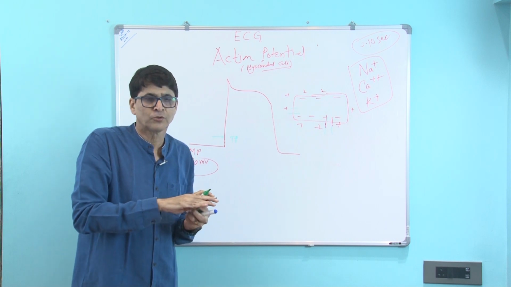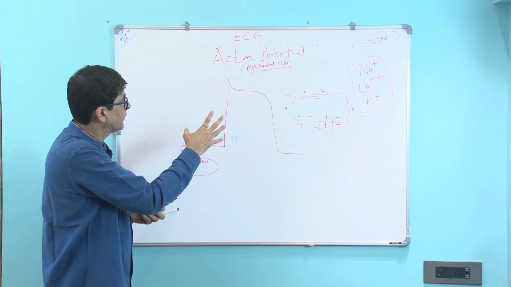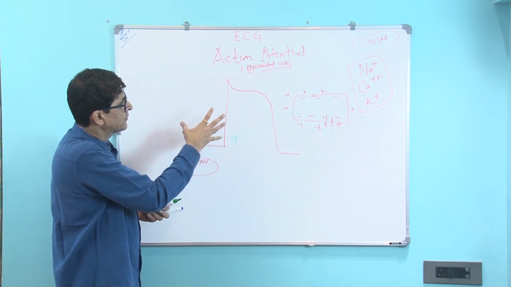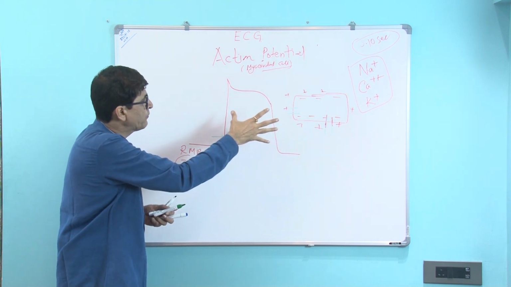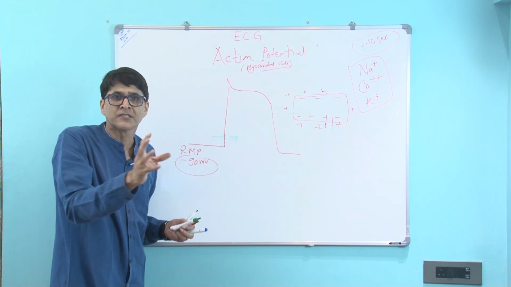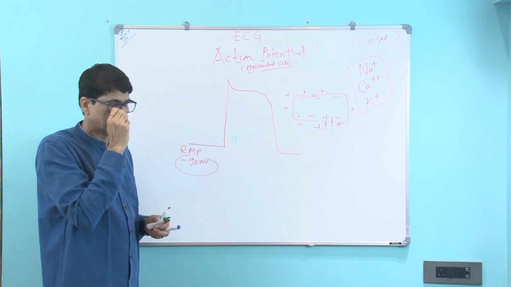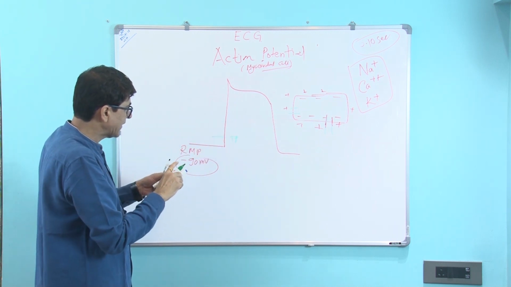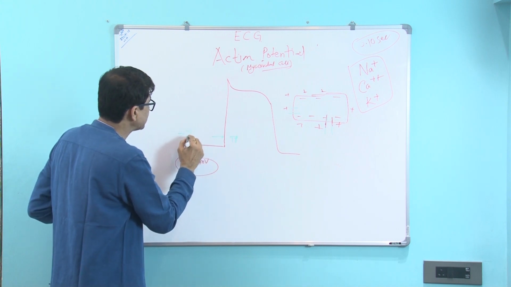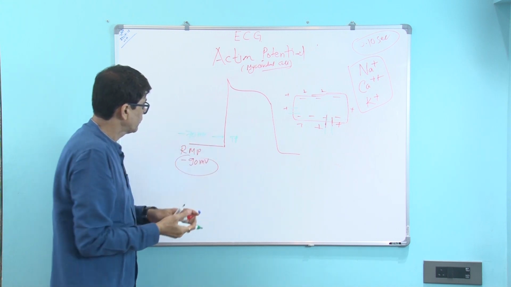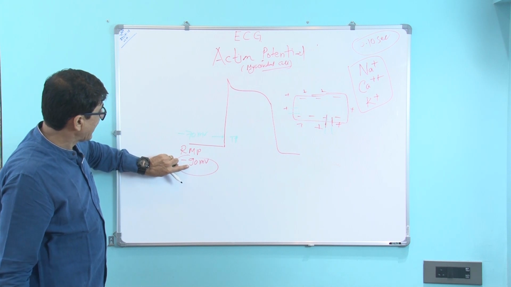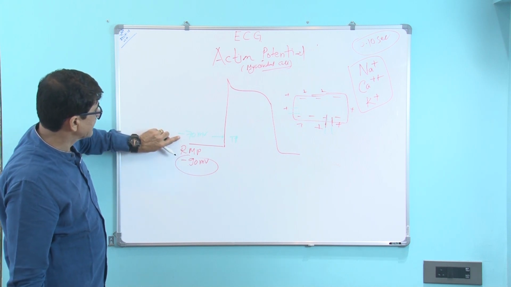When the cell has to undergo depolarization, it has to reach a certain voltage. That voltage is minus 70 millivolt. So this is minus 90 and minus 70.